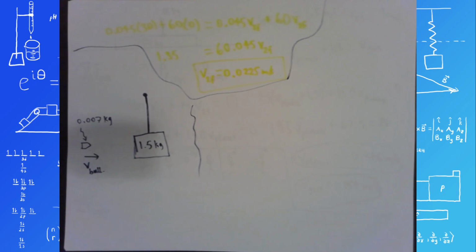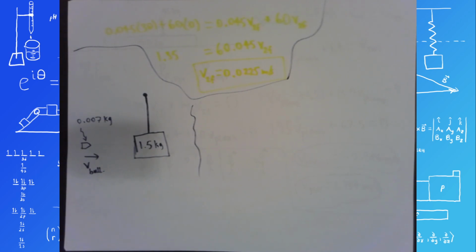So yeah, here, just from the fact that they tell us that the bullet emerges in the first place, it would have to have emerged by no later than the moment that the block reaches its maximum height.